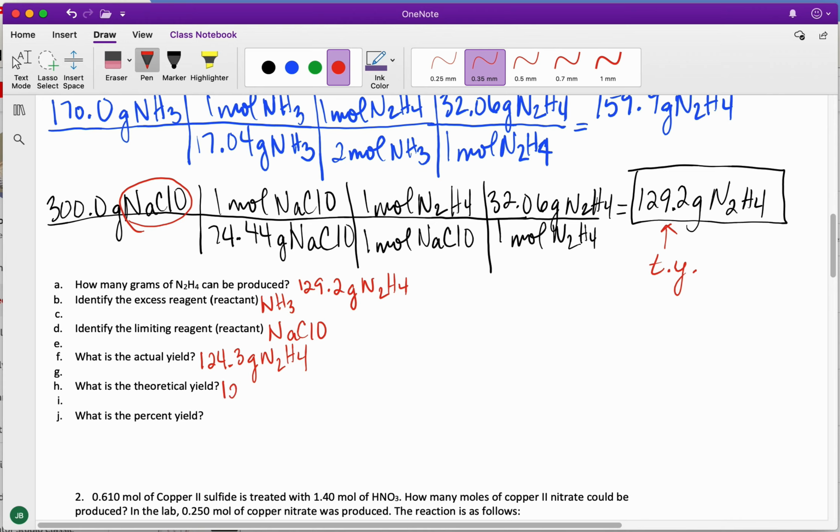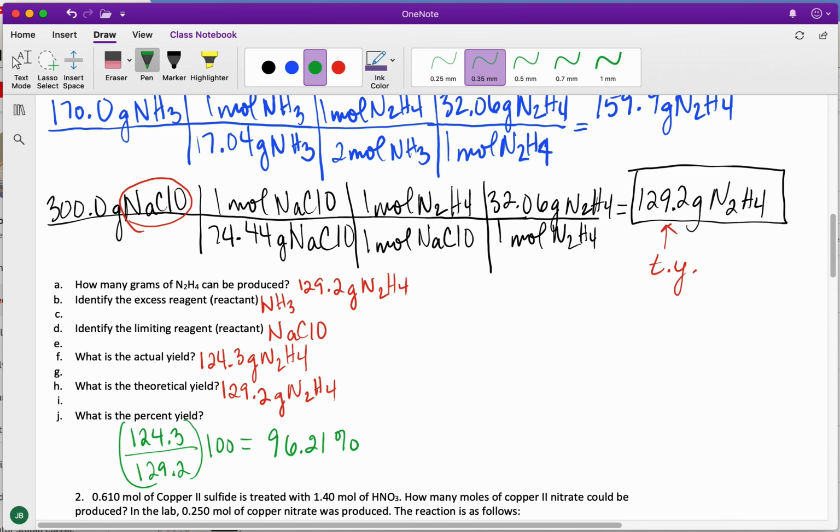So 129.2 grams of N2H4, percent yield. Okay, so now we are going to take that 124.3 over 129.2 and then multiply that by 100, and when you punch and crunch you're going to come up with 96.21%, and that is your percent yield.